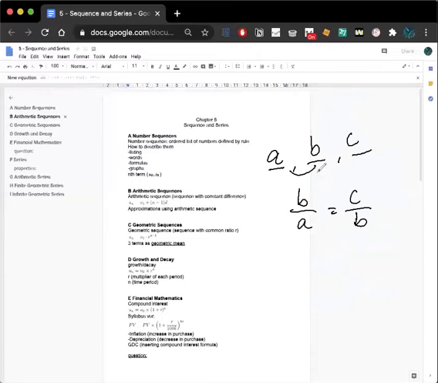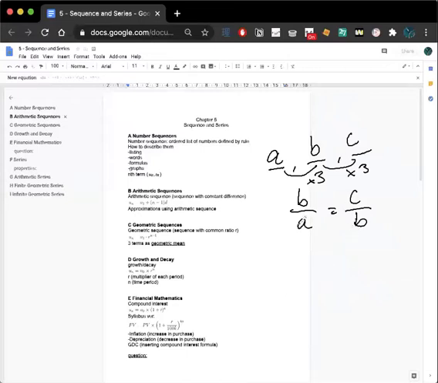For example, if this is multiplied by 3, and then this is also multiplied by 3, that's kind of the same as 3A over A equals 3B over B in some way.